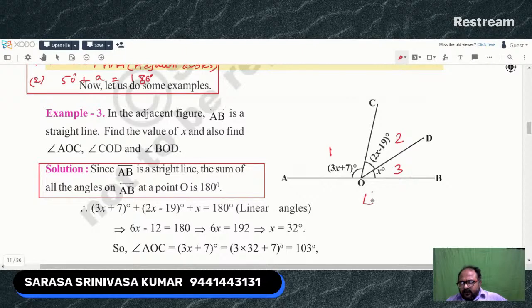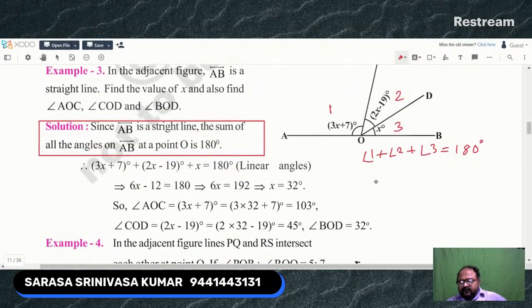So angle 1 plus angle 2 plus angle 3 equal to 180 degrees. Then what is angle 1? Here angle 1 is 3x plus 7 degrees. And what is angle 2? It is 2x minus 19 degrees. What is angle 3? It is x degrees.